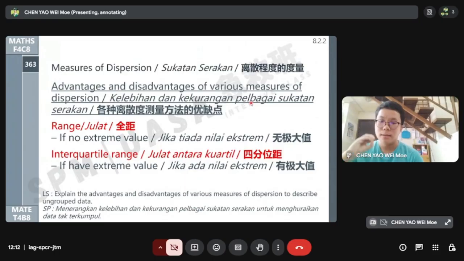The total number of data is 5. You just take quartile 1 and quartile 3. For range, you just take the largest number and smallest number. So the quartile will be more accurate, even though I have an extreme value.